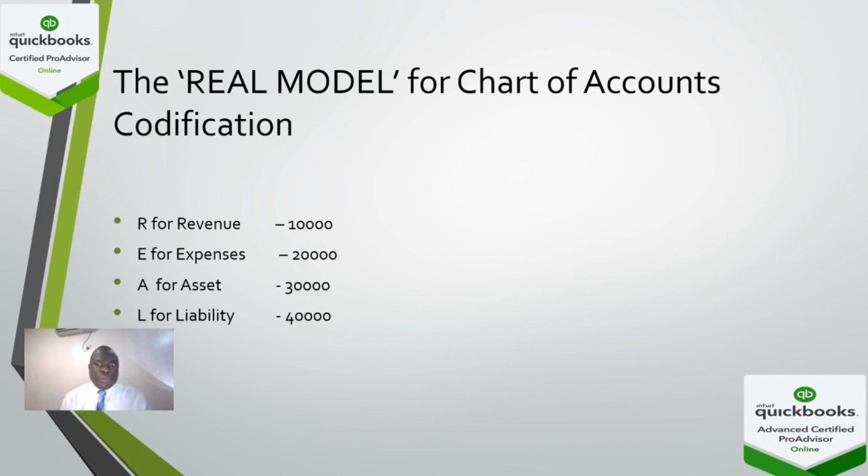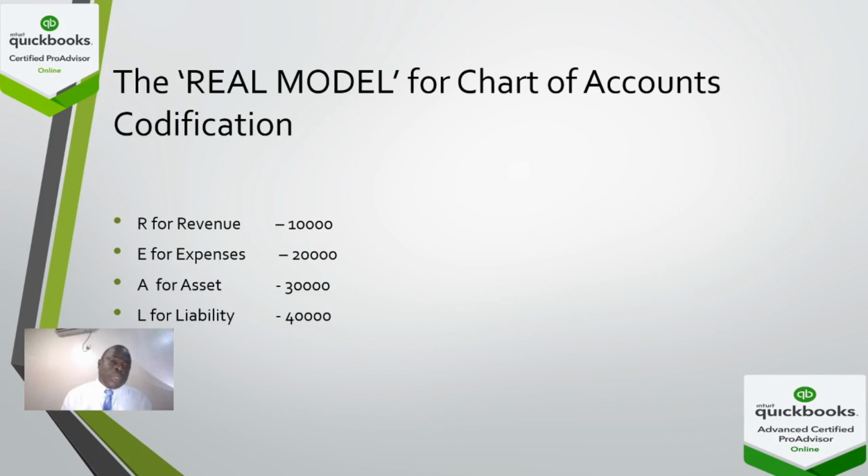So for this exercise, we are using the REAL model, where R stands for revenue. We are going to be classifying our revenue using codes that start with the 1 series, so it's 10,000 now. And we're going to use E for expense related accounts.